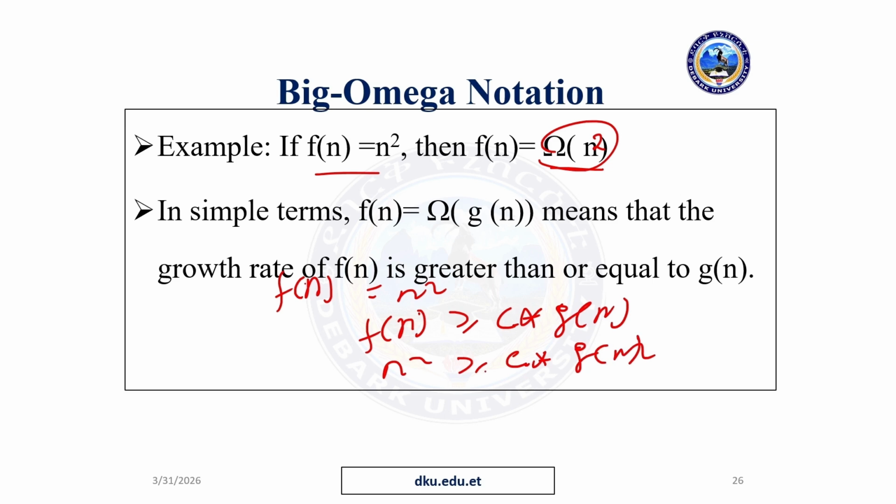So n squared is greater than or equal to c times g of n. Here we can add any function that is less than or equal to f of n.